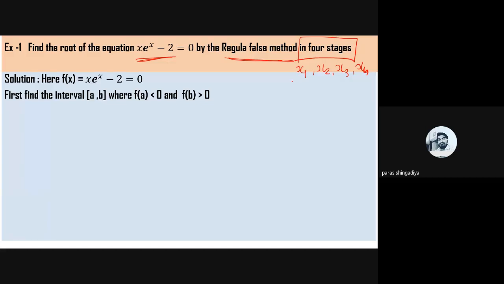So first write the equation x e raised to x minus 2 is equal to 0, and then find the interval ab where f of a is negative and f of b is positive. So just verify these values, check whether we get minus 2 or not.